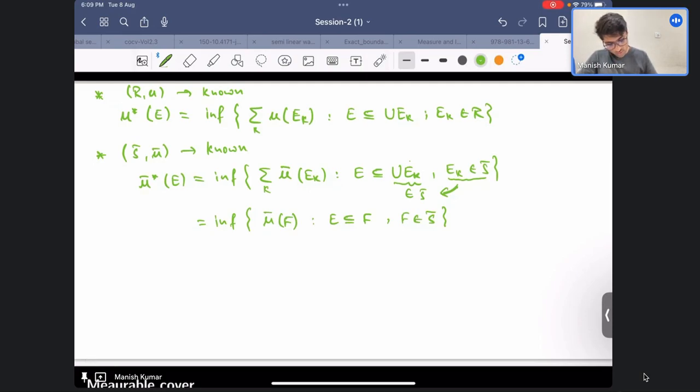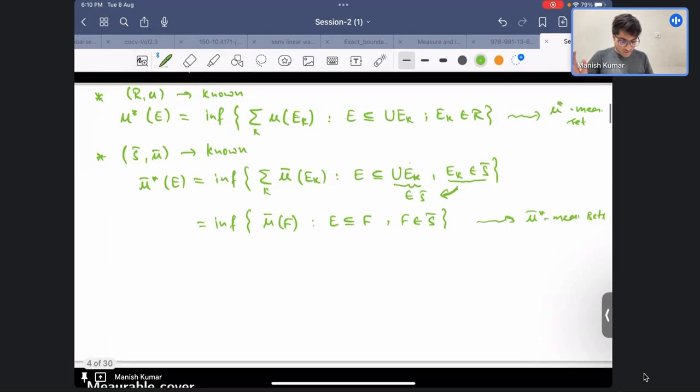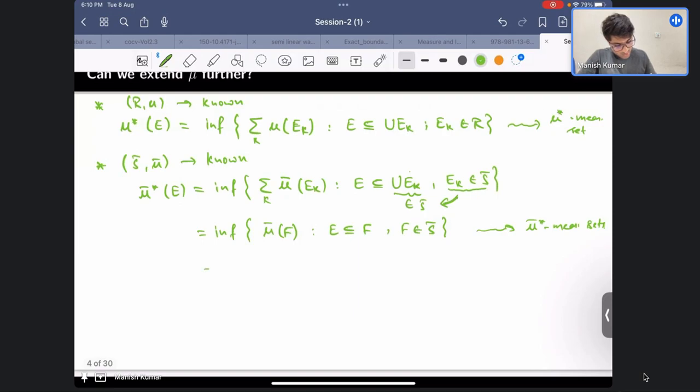Now the question is, you have this mu bar star and you had this mu star. From here you can define the mu star measurable set, and from here you can say what is a mu bar star measurable set. But I think you have seen a proposition where mu bar star of E is equal to mu star of E. Let me recall the proposition.